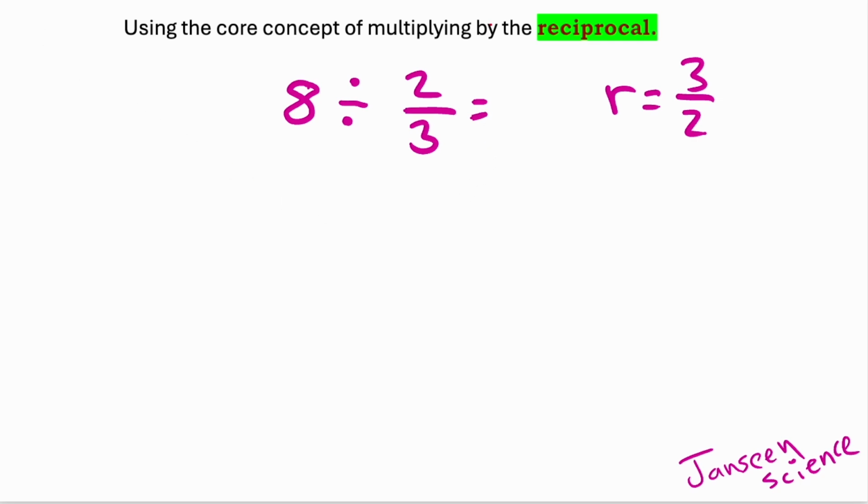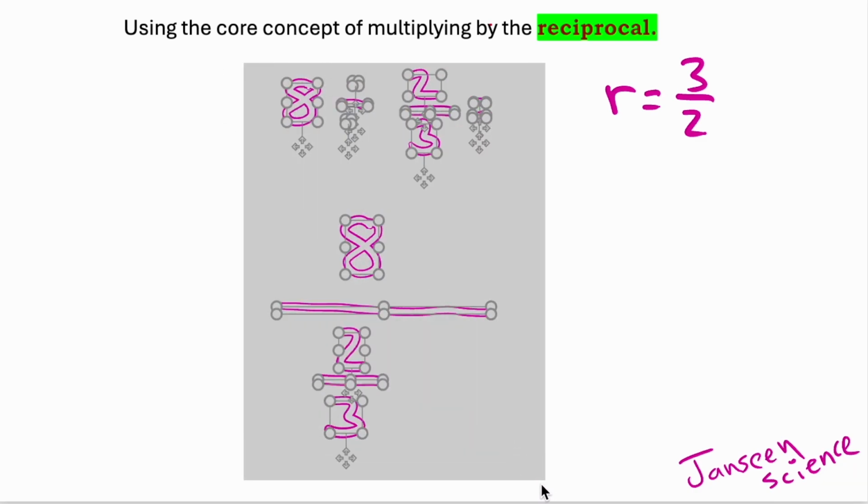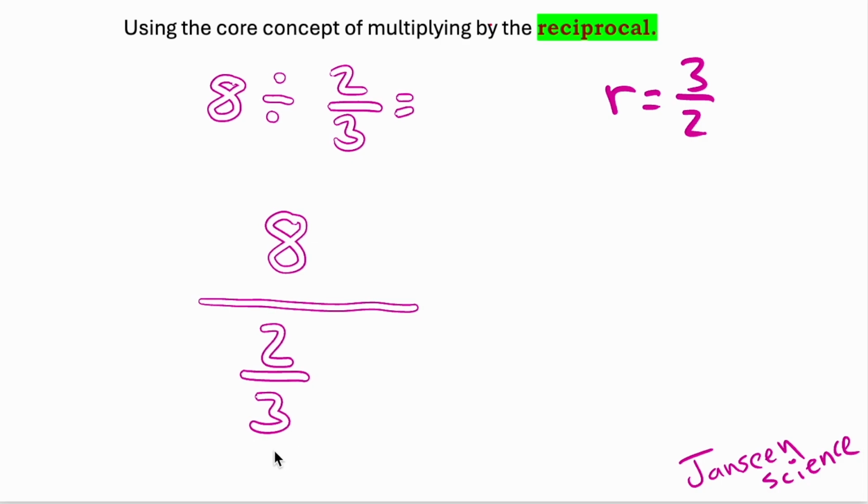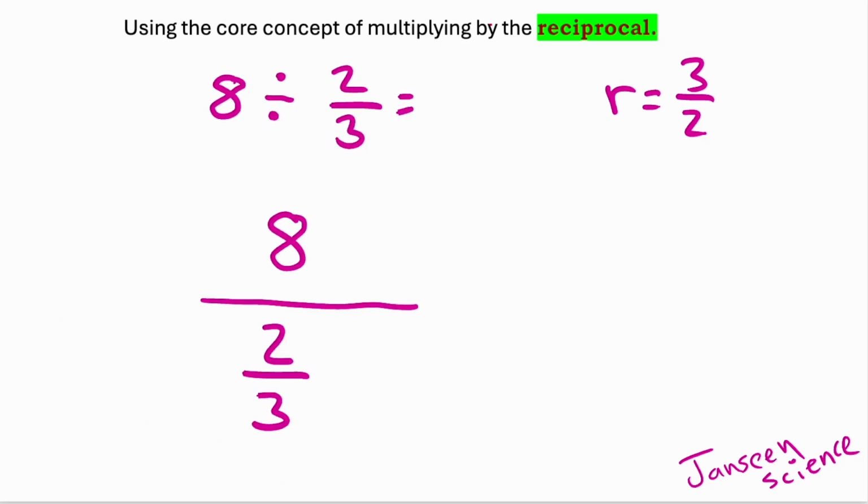And a good way to visualize this problem is by writing it like this: 8 divided by 2 over 3. Easy. And let me go ahead and shift this to the left just a little so we have some space.